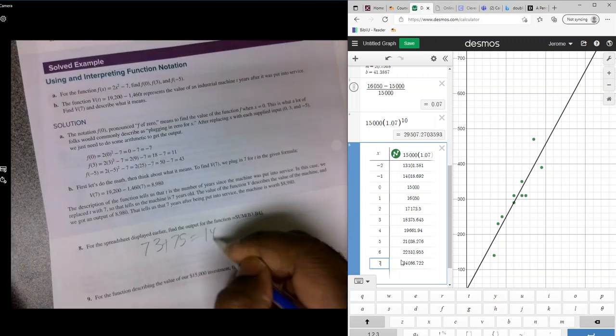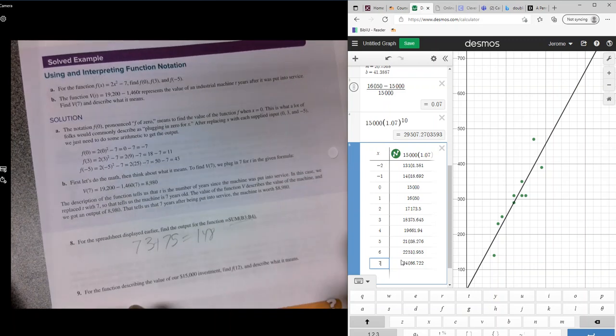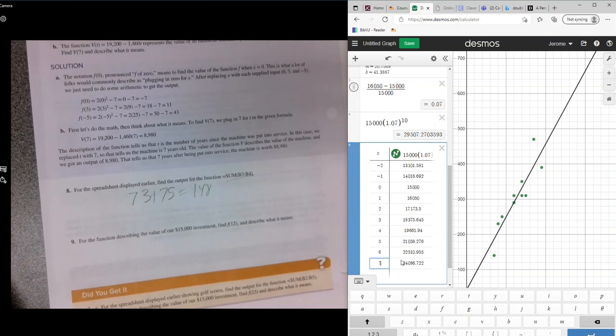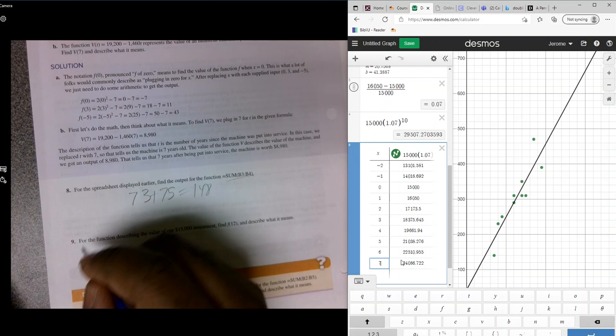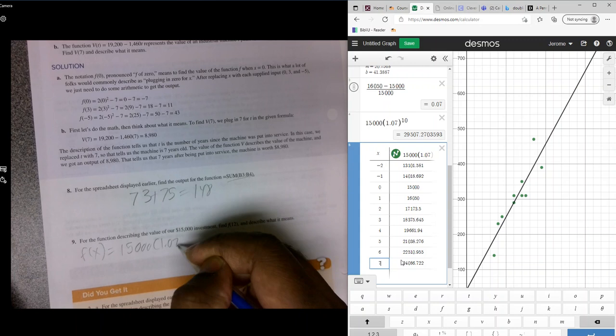Now, number 9, it says for the function describing the value of our $15,000 investment, find f of 12 and describe what it means. So we will have f of x is equal to 15,000 times 1.07 to the x power. That's the formula we're using. Now they're telling us in this function to replace x with 12 wherever x appears.